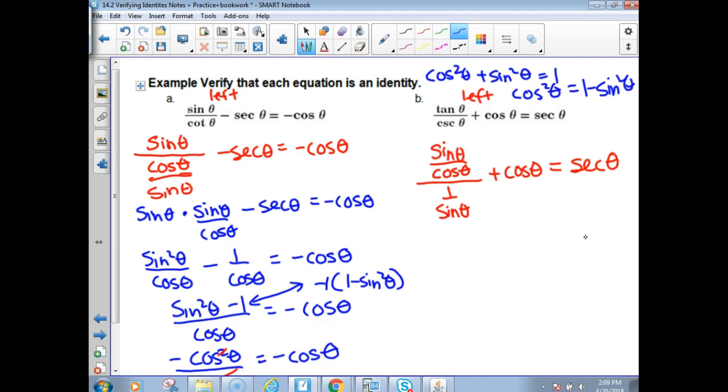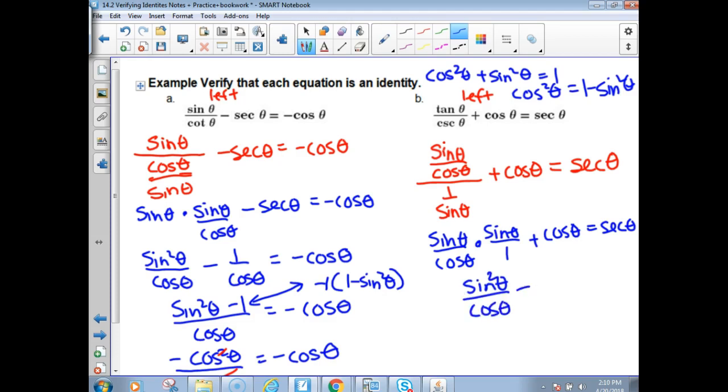Don't change it. I need to show my work, so I'm going to multiply by the reciprocal of my bottom fraction, which would be sine theta over 1. And then I'd still have plus cosine theta. If I multiply, I get sine squared theta over cosine theta plus cosine theta.